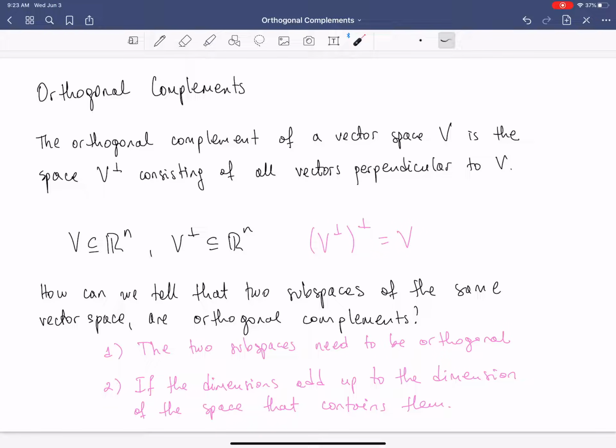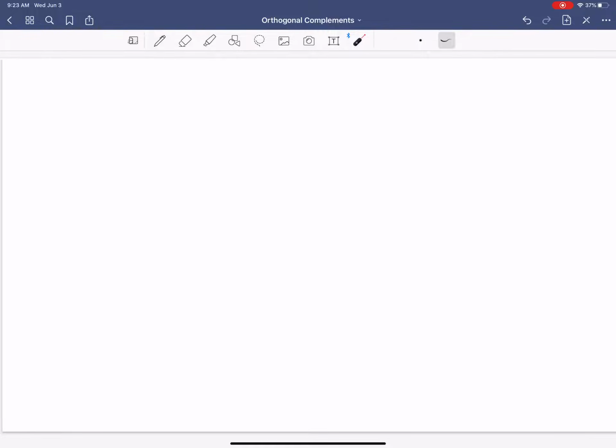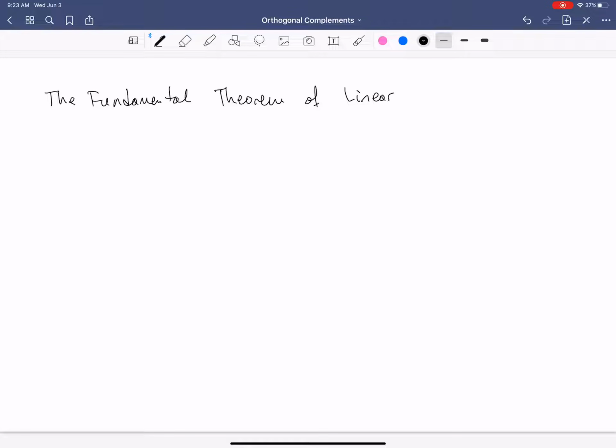Now, with this understanding of orthogonal complements, we are ready to state the second part of the fundamental theorem of linear algebra. Part 1, if you recall, talked about the dimensions.